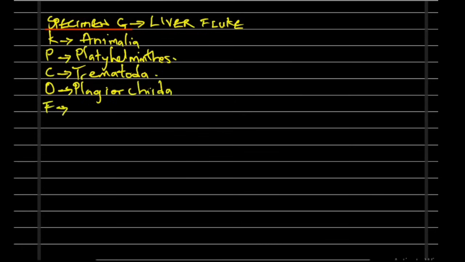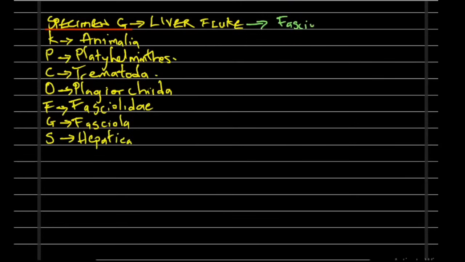We have the family to be Fasciolidae. We have the genus to be Fasciola. And then the species, we have it to be hepatica. So looking at its scientific name, it is written as Fasciola hepatica.